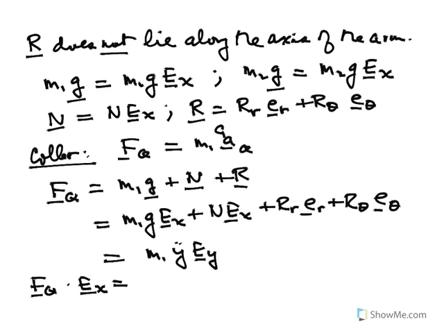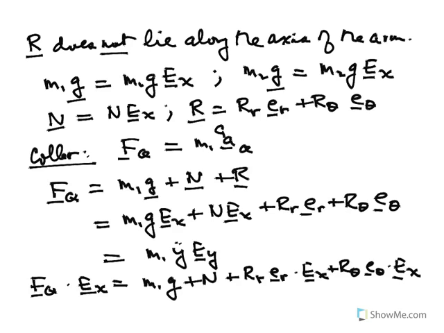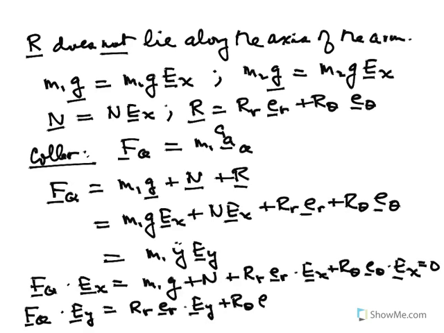So in this case, if we take F_Q dotted with ex, we get m1g plus N, plus R_r er dotted with ex plus R_theta e_theta dotted with ex, and that has to equal 0. So there's no component of acceleration in that direction. If I take F_Q and I dot it with ey, we get R_r er dotted with ey plus R_theta e_theta dotted with ey, and that has to equal m1 y double dot.